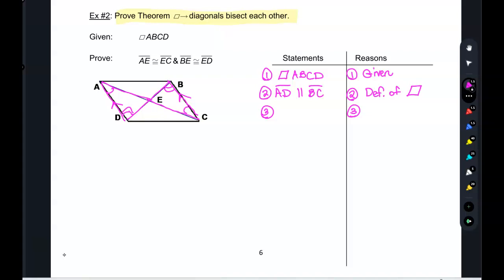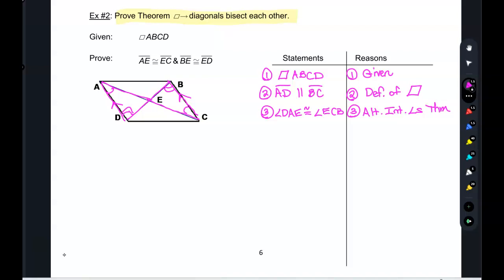These are also alternate interior angles. So I'm going to say angle DAE. So here DAE is congruent to ECB. Again, we just said those are alternate interior angles.